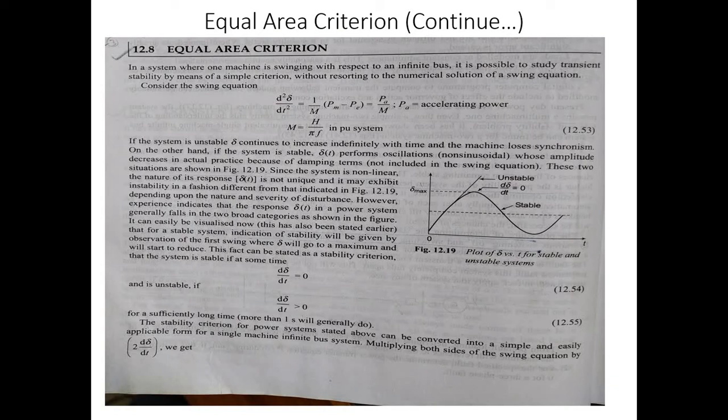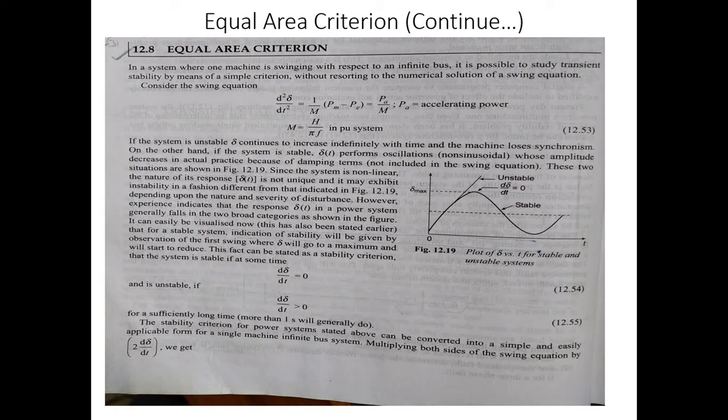Whereas if del goes on increasing and becomes stationary at some maximum point where d del by dt is equal to 0 and then starts to reduce, then we can say that the system is stable. That means when the system is stable, your del has a variation, but it is a non-linear variation.